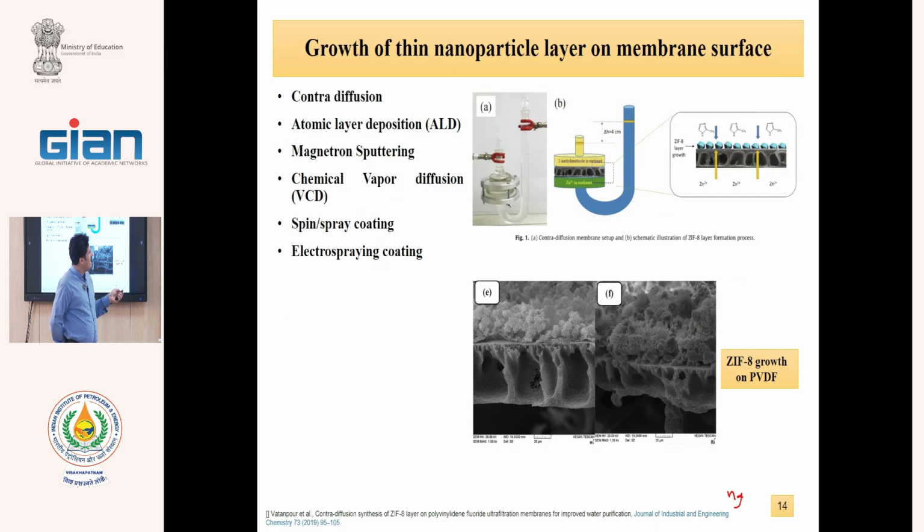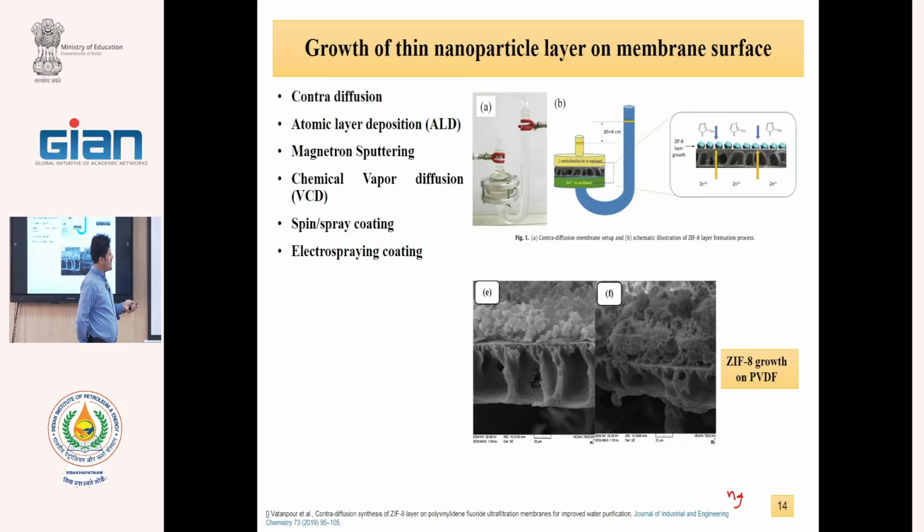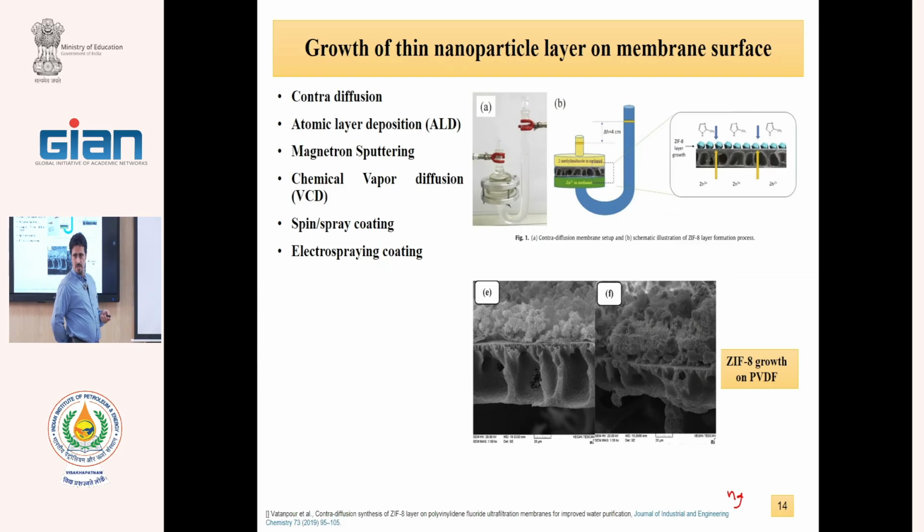We have a similar setup in the lab. First we select a porous membrane, prepared before by phase inversion, or a commercial membrane.